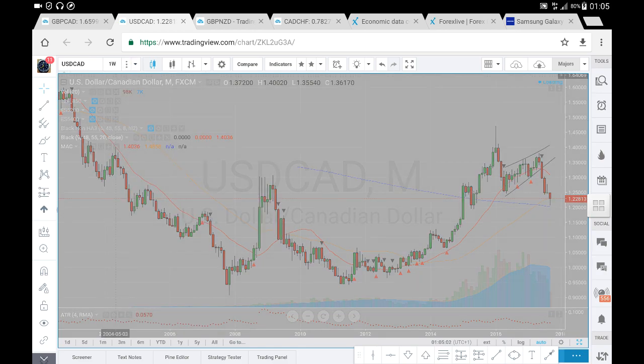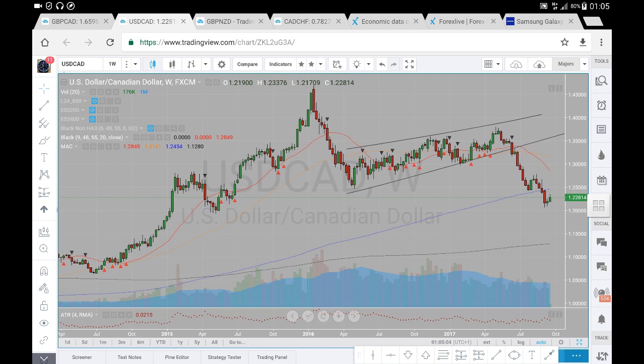And let's have a look on the weekly chart. On the weekly chart, we are trading above the week's open, which is counter to the larger trend to the downside.